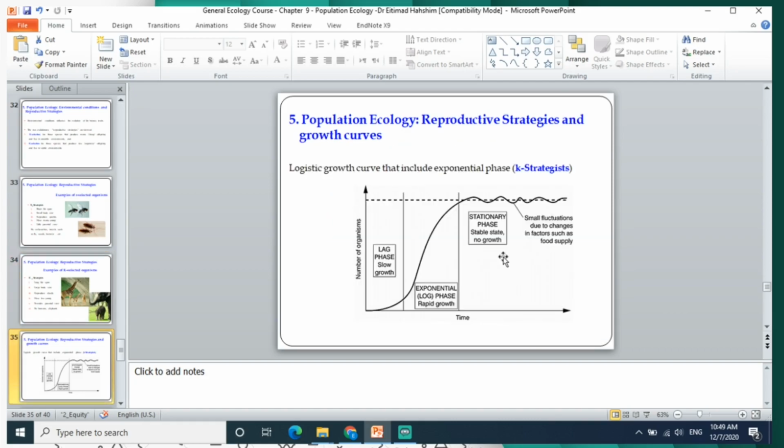If you look at this logistic growth curve, it includes an exponential phase. For K strategies, the number of organisms will be constant, but if it is r, it will be infinity.